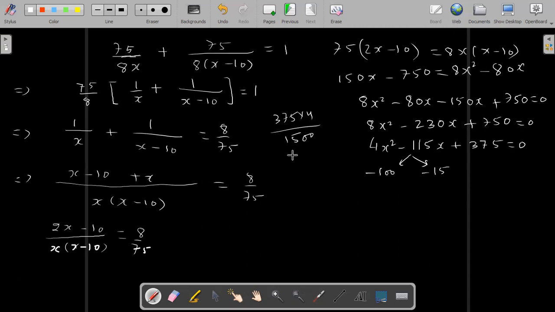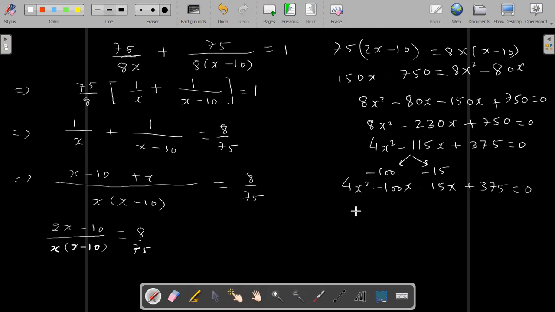Easy factors of 1500 are 100 into 15, that will be 1500, and 100 plus 15 is 115. So both should be taken negative. Now 4x square minus 100x minus 15x plus 375 is equal to 0.